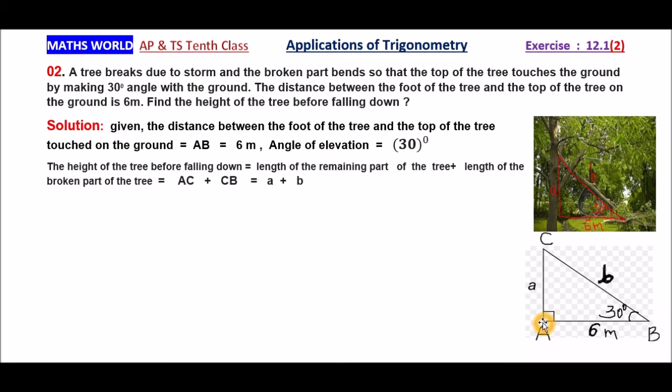So in this application of trigonometry chapter, we are using trigonometric ratios to find out. Here we have to find out two portions. The first one is the length of the remaining part of the tree, and the second one is length of the broken part of the tree. So we have to use two ratios.